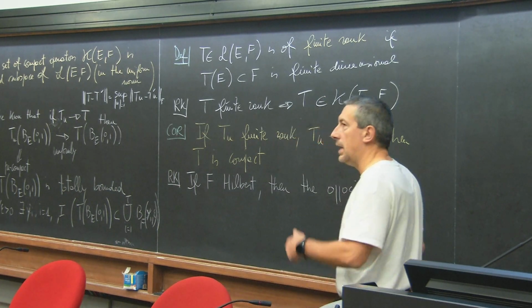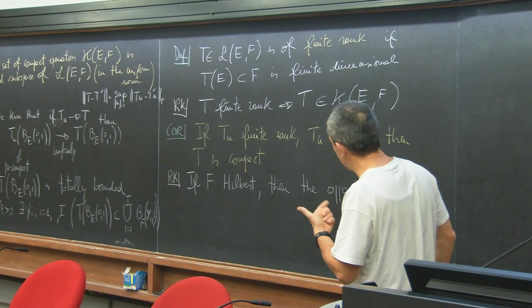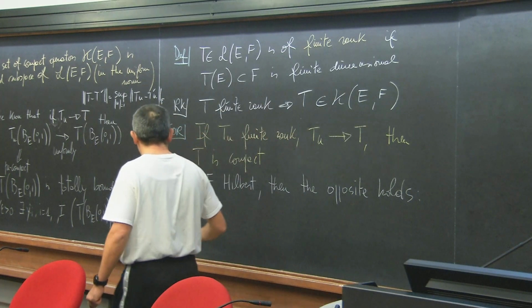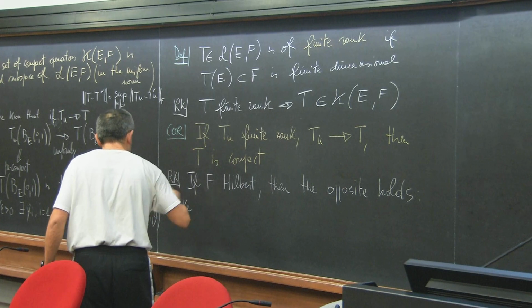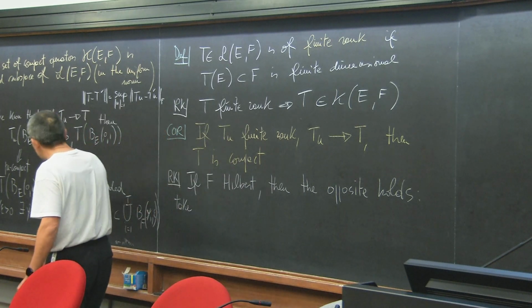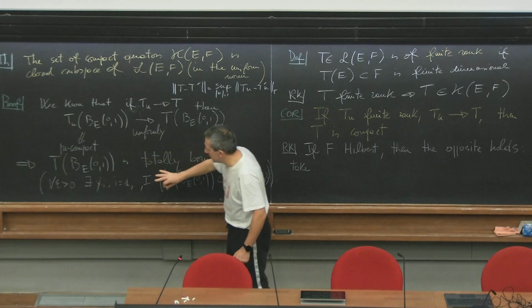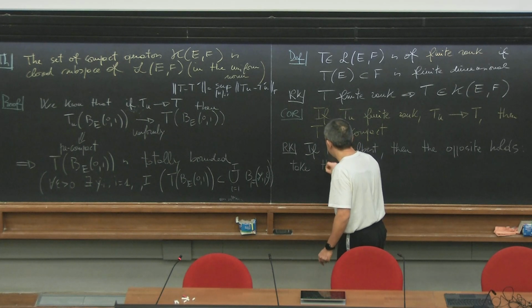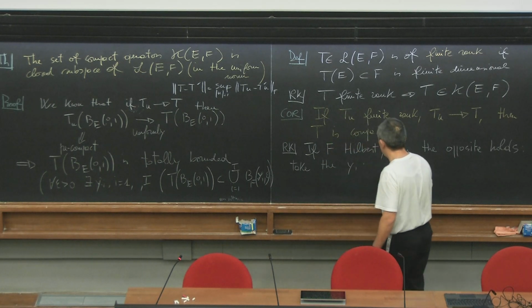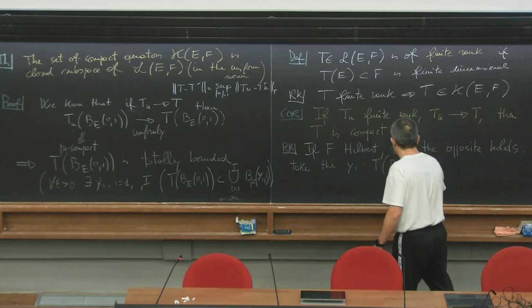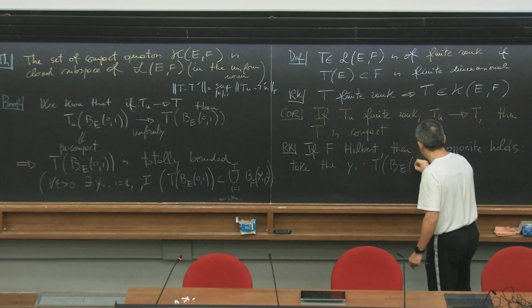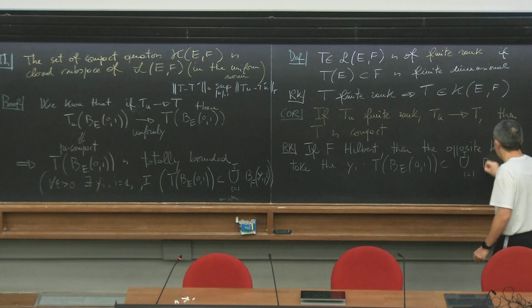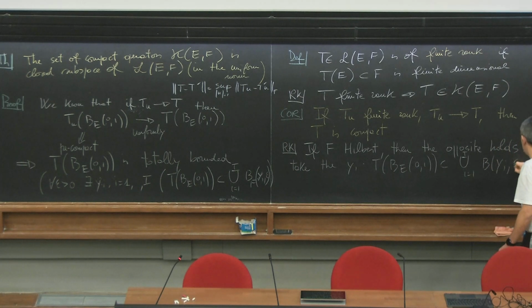Maybe you see already why that is the case. You use the property that the image of the ball is pre-compact, so it is totally bounded. Take the yi such that T of the ball is contained in the finite union of these yi.